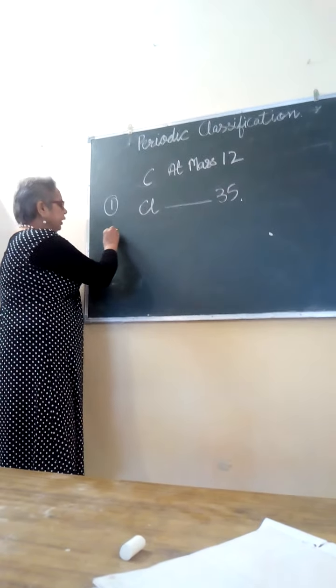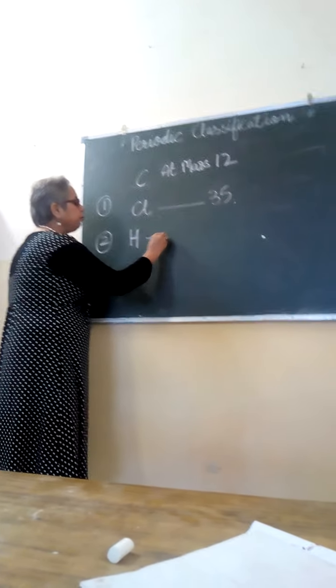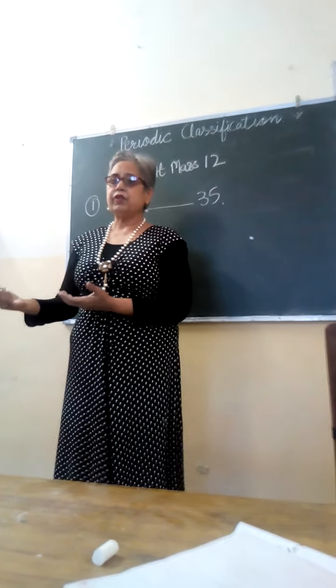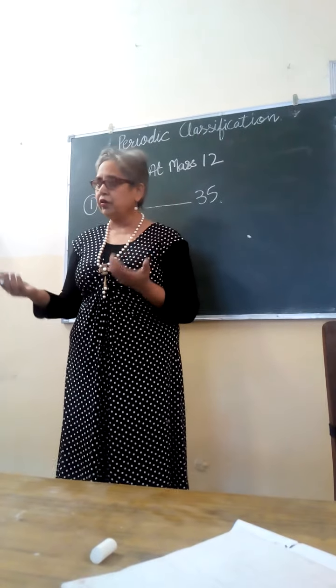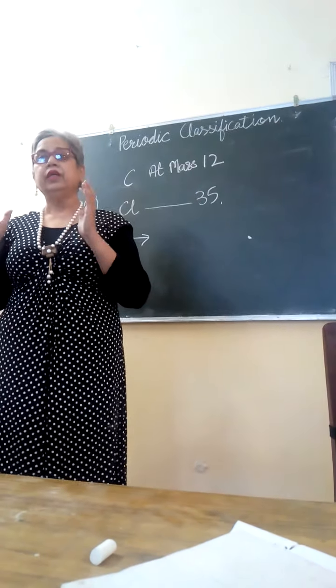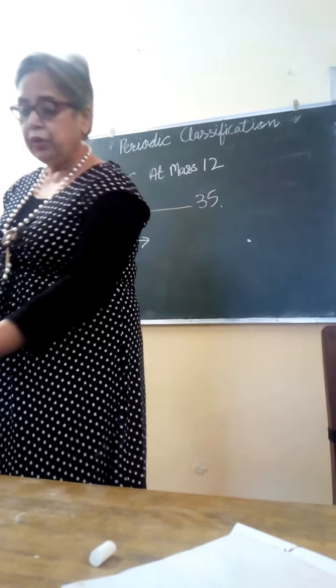The second limitation, he could not explain why hydrogen is kept in group 1. Although it behaves like halogens, it has a diatomic molecule. So there was a controversy related to the position of hydrogen in the periodic table.